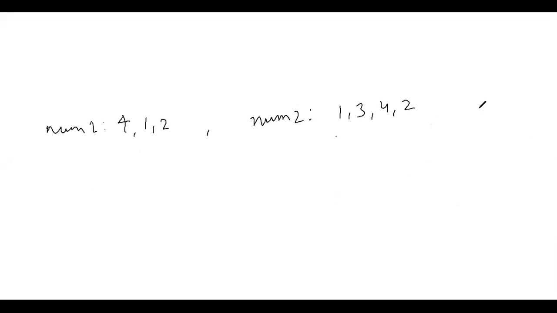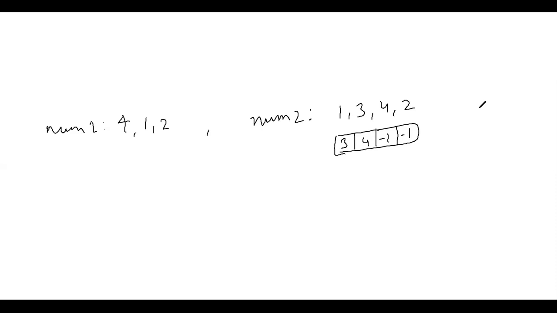We know the solution for this. What is greater than 1 is 3. What is greater than 3 is 4. What is greater than 4 is nothing. For 2 also, towards the right there is nothing. With the theory we just discussed, we have the answer for this already calculated.